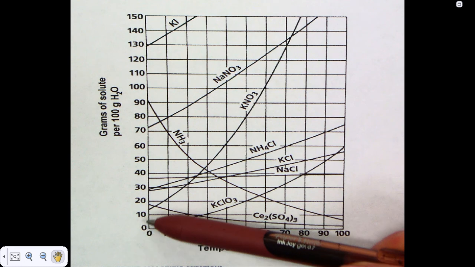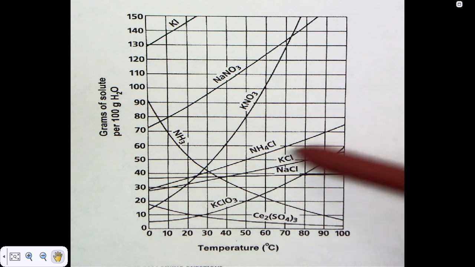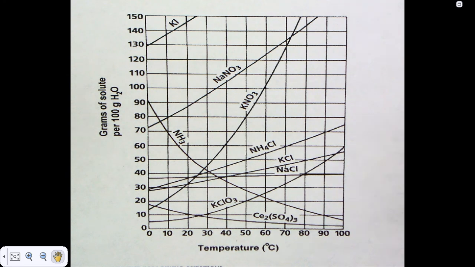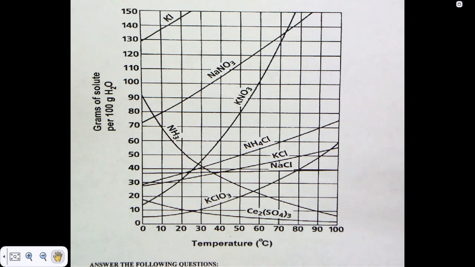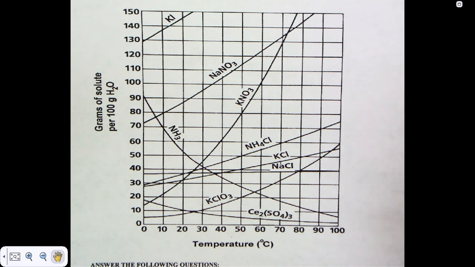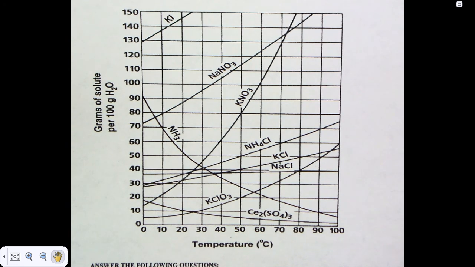Whereas with our solids, as the water heats up, they're going to be able to accept and dissolve more molecules. The example I always use with this is to think about what happens when you make sweet tea. Almost everyone has made sweet tea. This is North Carolina, after all. When you make sweet tea, you boil your water, you steep your tea bags, and you always make sure you put the sugar in while the tea is hot so that it will dissolve.